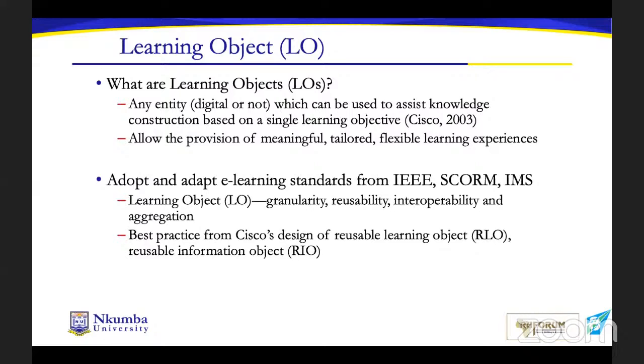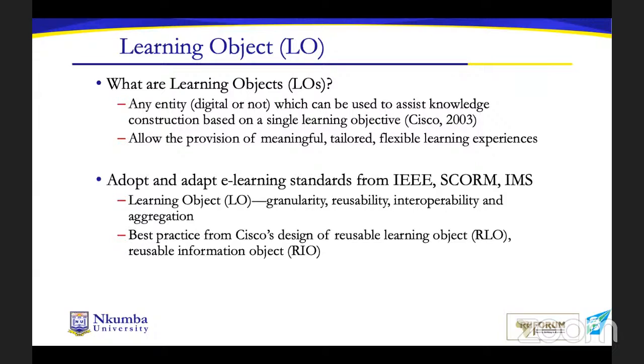So what are these learning objects? Cisco was one of the companies that first used learning objects. They defined them as any entity, which may be digital or not, which can be used to assist in knowledge construction based on a single learning objective. We are going to see the detail of this.